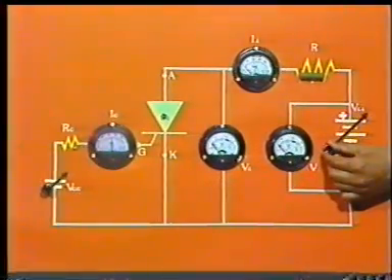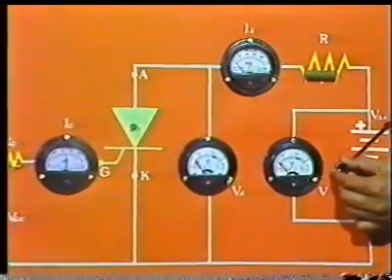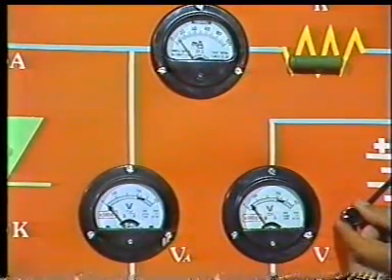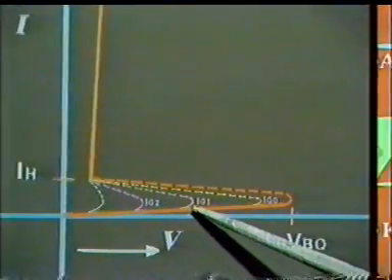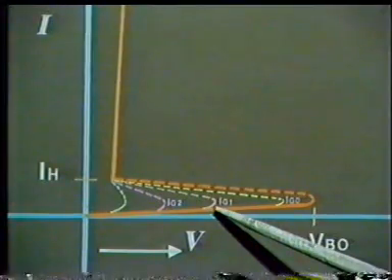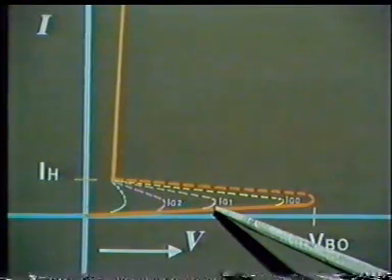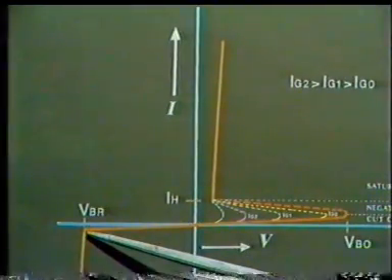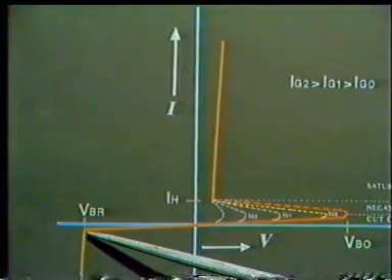If some gate current is also flowing, then breakover voltage decreases. Greater the value of gate current, lesser is the breakover voltage. In the negative bias region, reverse breakdown occurs at reverse breakover voltage.